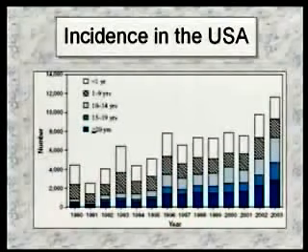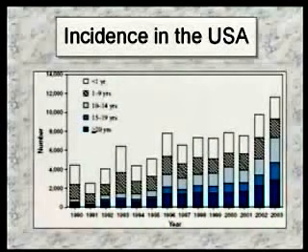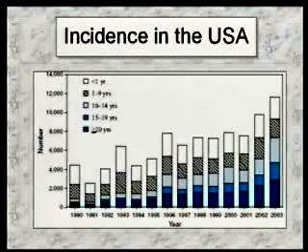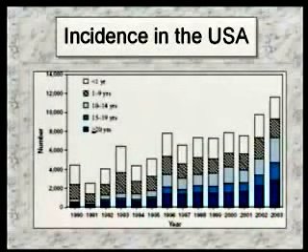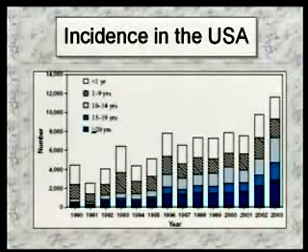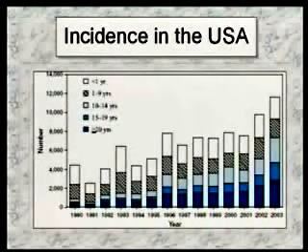If one looks at the last few years, you can see that the below 1 year group is remaining sort of constant. Okay, but there's an overall increase in the incidence, in the frequency of the disease, and that is primarily because the adults are getting more and more of the disease.